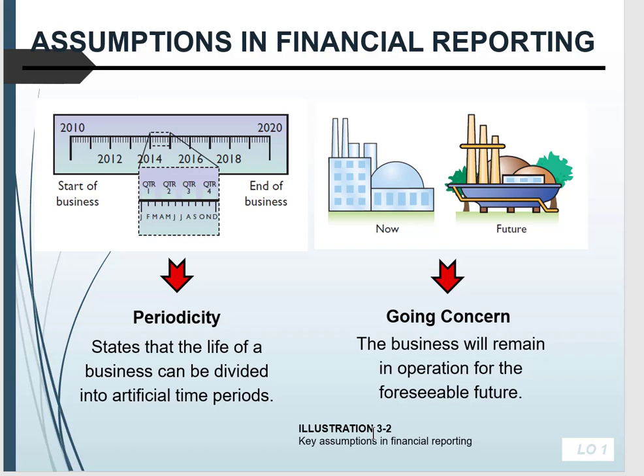Periodicity, right? Basically, it just says, look, we're going to divide the business into periods. Typically, what is the period? The end of a year is the typical period. However, we will sometimes break that down into smaller units. Why would we do that? Well, we break our accounting into quarters because we need to pay taxes quarterly in the United States if you're a business.